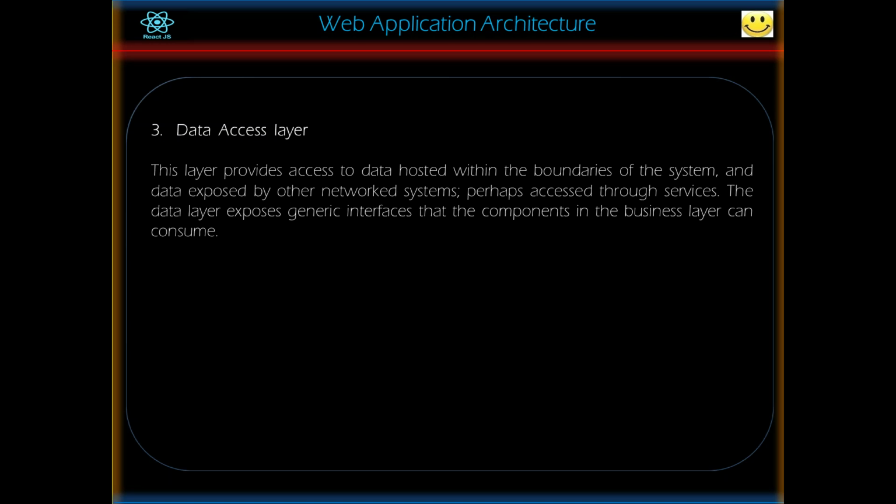This layer provides access to the data hosted within the boundaries of the system and data exposed by other networked systems, perhaps accessed through services. The data layer exposes generic interfaces that the components in the business layer can consume.